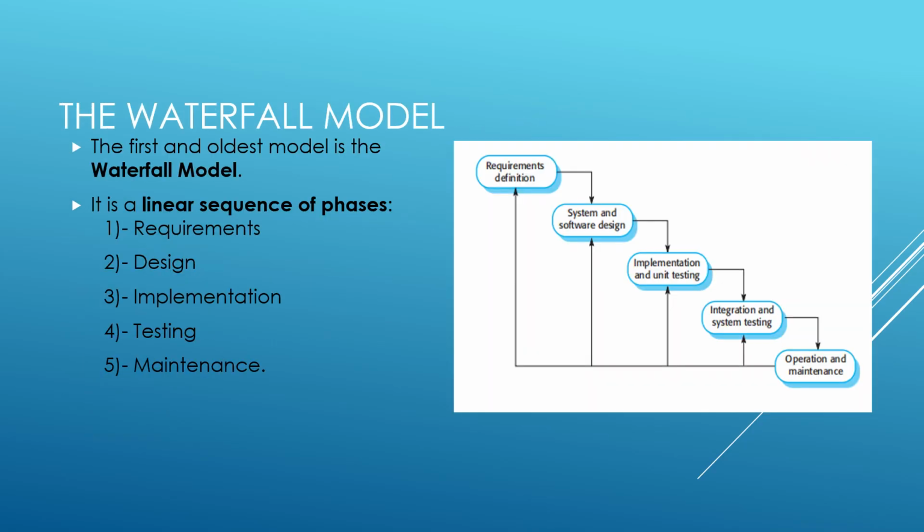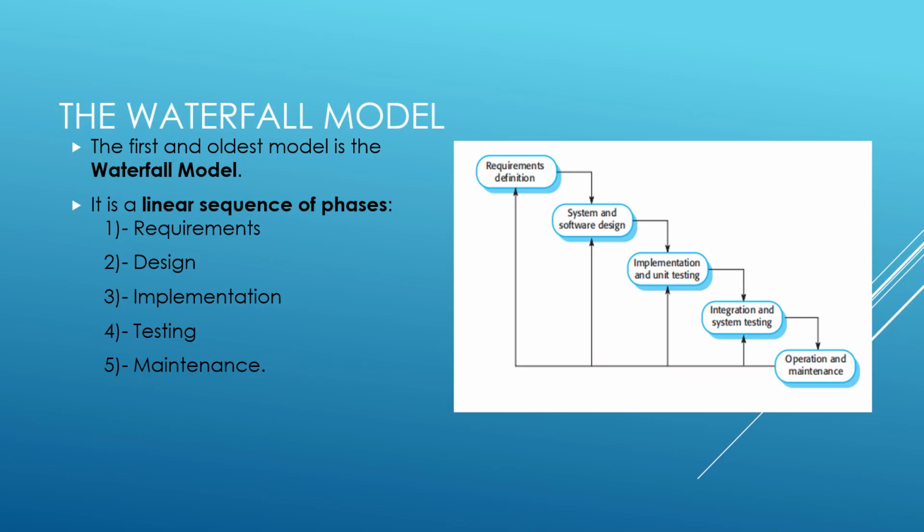The first and the oldest model in the list discussed previously is the waterfall model. It is a linear sequence of phases. These phases are requirements, design, implementation, testing, and maintenance. Now, what are the advantages if we use the waterfall model, and what are the disadvantages? We will discuss this now.